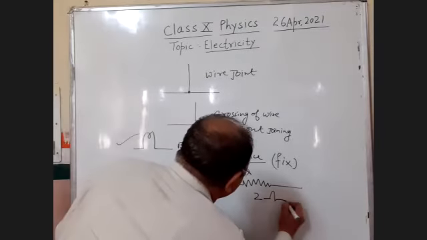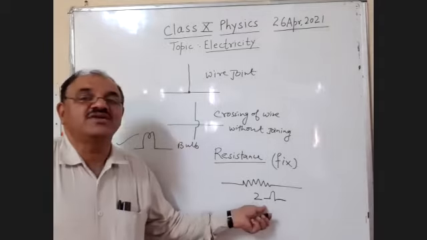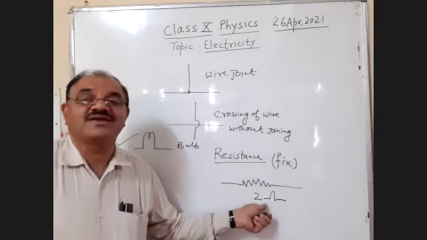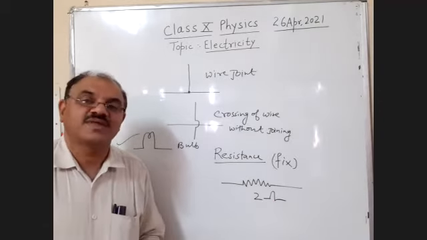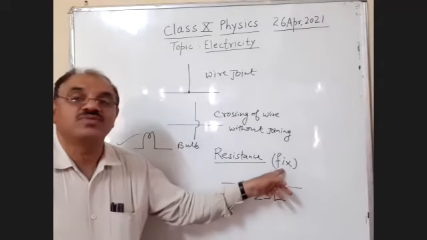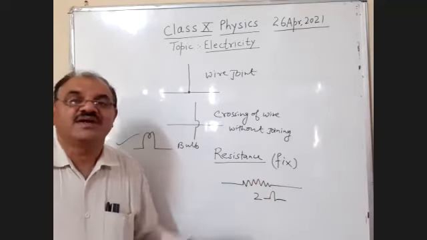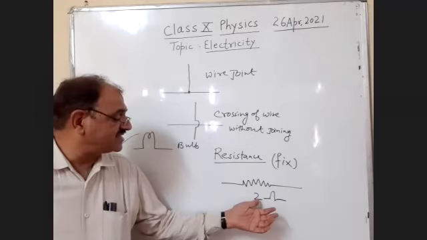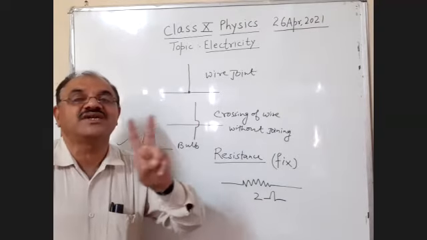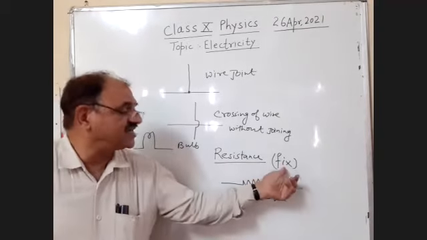Ohm is the SI unit of resistance. 2 ohm is a fixed value because it cannot be changed. If I demand the resistance, that specific value is given, it is 2 ohm. So the value is fixed. That's why I wrote it in the bracket.